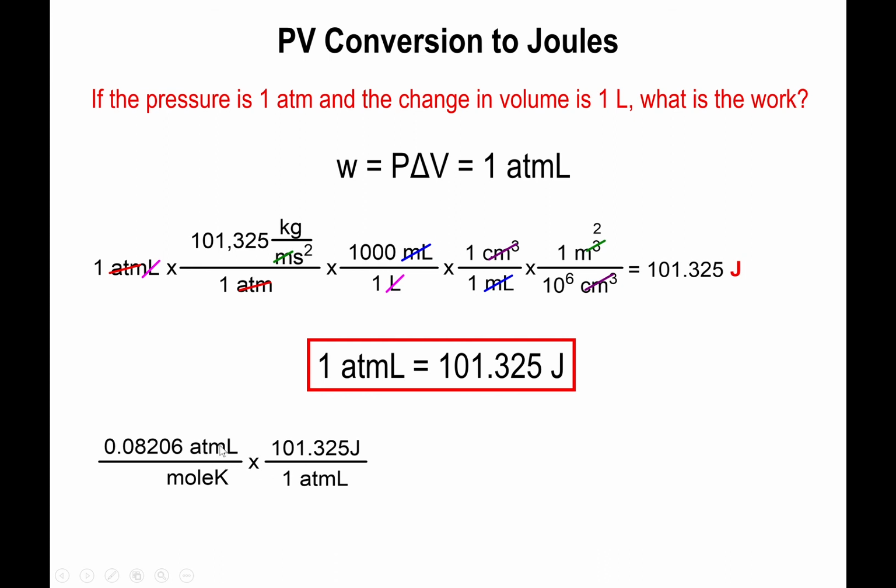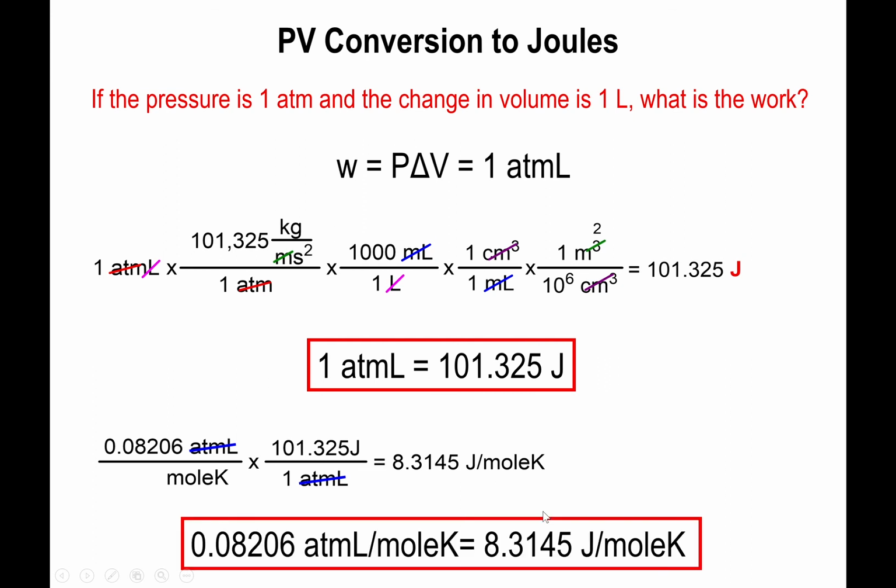We know that 1 atmosphere liter equals 101.325 joules. So the atmosphere liters will cancel out, and you're going to end up with 8.3145 joules per mole Kelvin. So that's your conversion pretty much. And as far as the gas constants go, just remember 8.3145 for joules, 0.08206 for atmosphere liters, if we want to be technical.